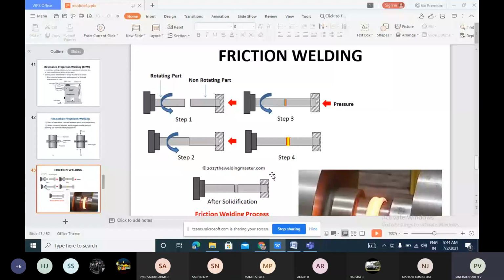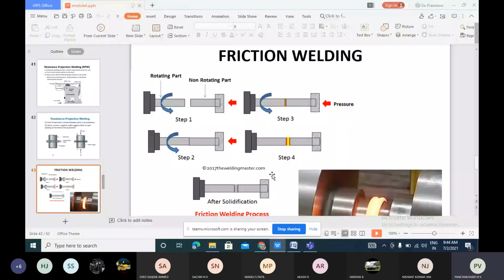Why it is called friction welding: whatever heat is required for welding, that heat is obtained by means of friction between two metal parts. See, the two metal parts to be welded are kept like this, and we start to apply pressure and rotation.